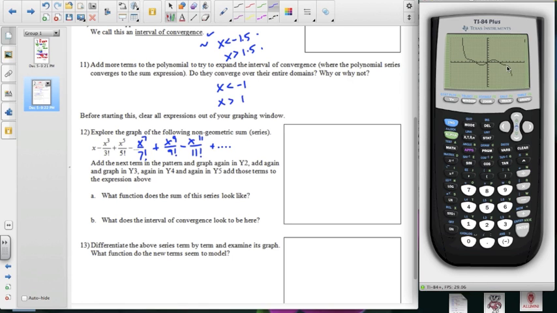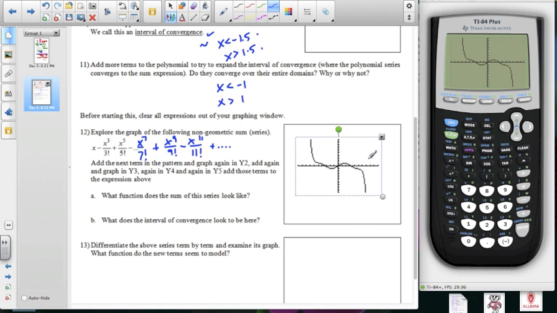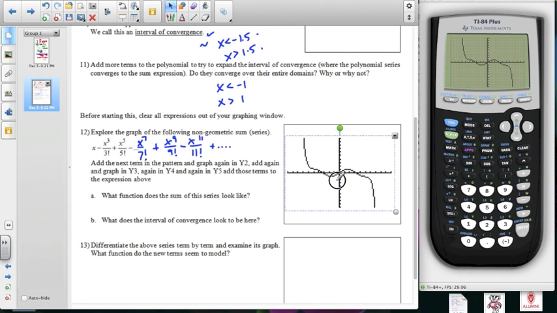And then it looks like it starts to try to curve back up again, but that's where the degree of the polynomial takes over. So if we graph this again, here's our 11th degree polynomial. And so this is the x to the 11th, this is the 11th degree polynomial.